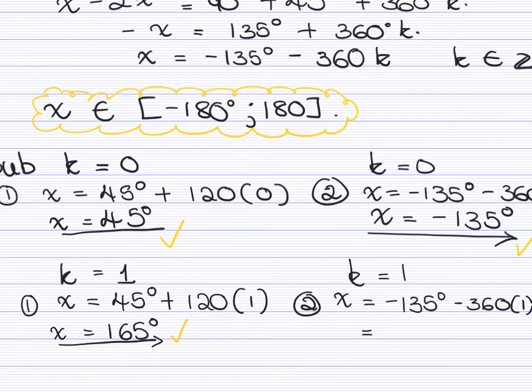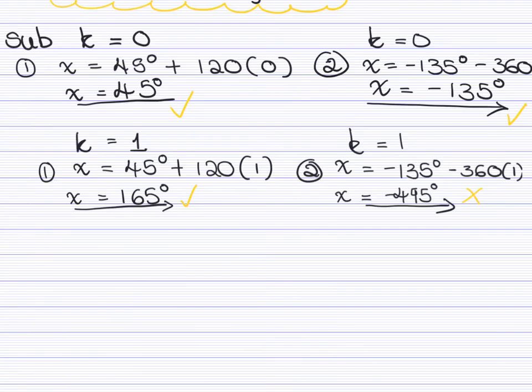The answer I get here is x is equal to −495 degrees. Is this in our range? No, it's not. So now that I've seen that this value is not in the range, I'm going to try other values of k. So I've tried k is equal to 0, I've tried k is equal to 1. I'm going to try k is equal to −1.